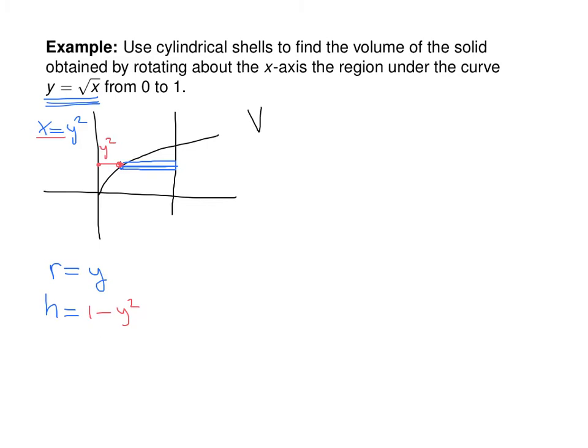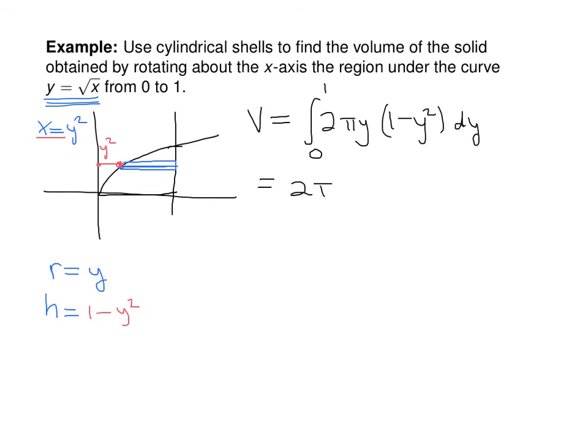So to find the volume using this method, we will integrate from y equals 0 to y equals 1. Circumference, 2 pi y, height, 1 minus y squared, thickness, dy.